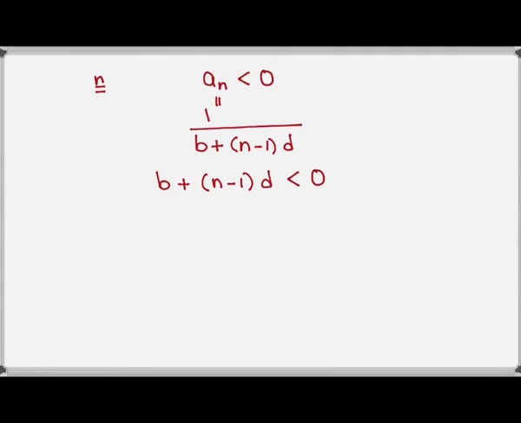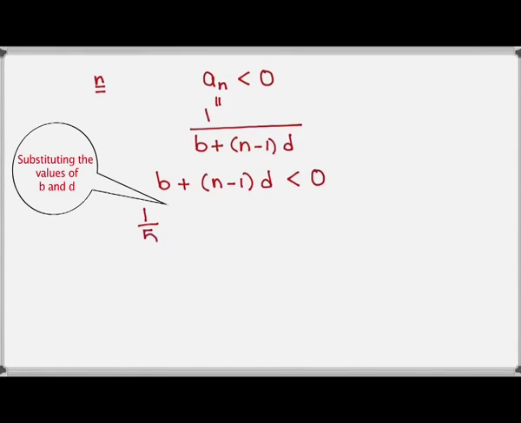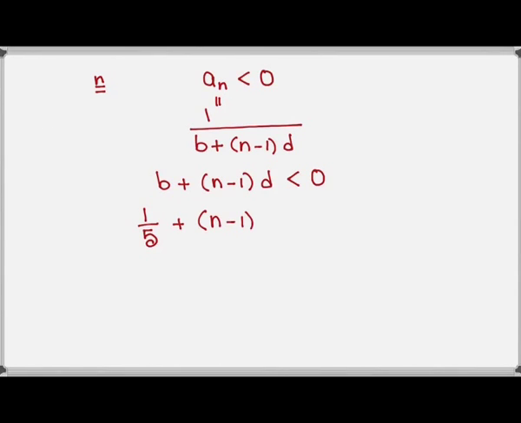So we use this inequality to find out the range of n for which an is negative. Now substituting the value of b and d, here we get 1 by 5 plus (n minus 1) into (minus 4 by (25 into 19)) is strictly less than 0.